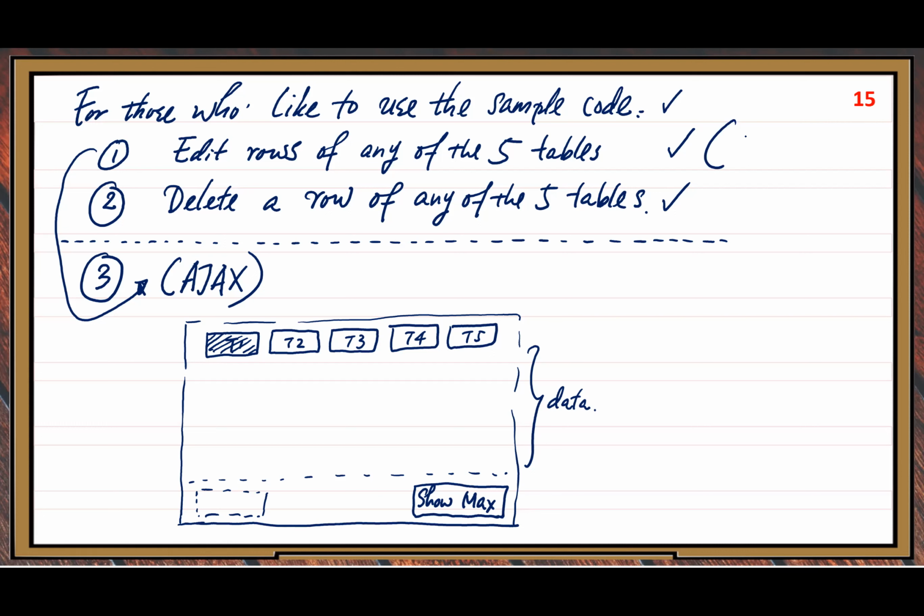Feature 1 uses the Ajax way, which means we do not reload the page. You click the button, we modify only a small portion of the page, and you see the difference.